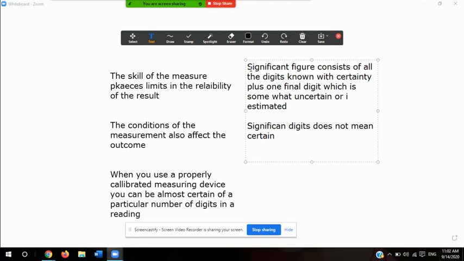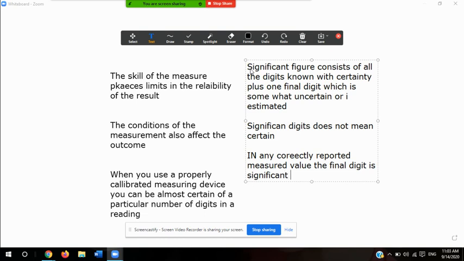And another thing is that in any correctly reported measured value, the final digit is significant but not certain.